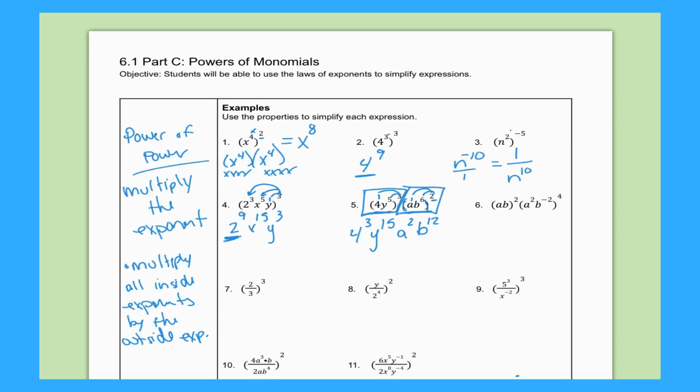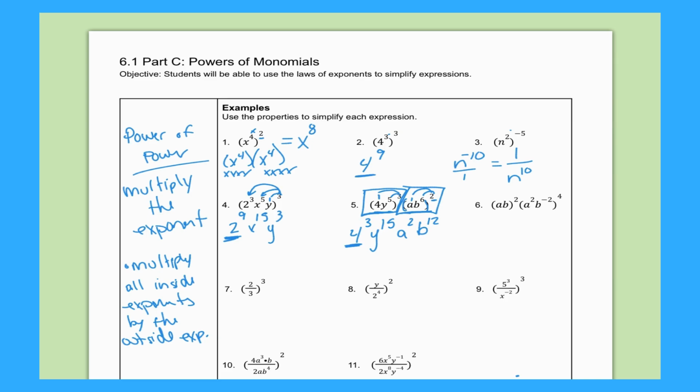Now technically, when we have a bunch of variables like this, the proper way is to write them alphabetically and also take into account their exponents, but we're going to get more into that in our next chapter, so we'll just leave it alone for now. And again, I really should calculate 4 to the third on a quiz or test, but for the sake of these notes, we're just going to leave it for now.